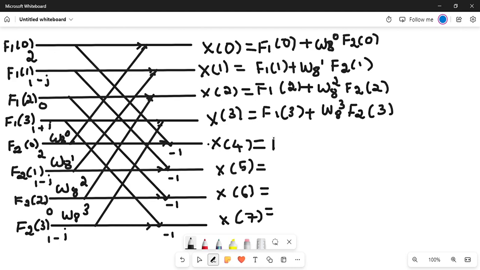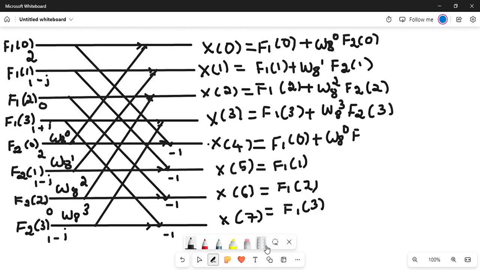So it is f1 of 0. So it is f1 of 1. I'll write it in an easier manner. So this is plus omega 8 to the power of 0 into f2 of 0, this is minus omega 8 to the power of 1 into f2 of 1.